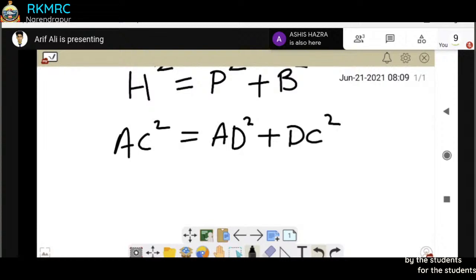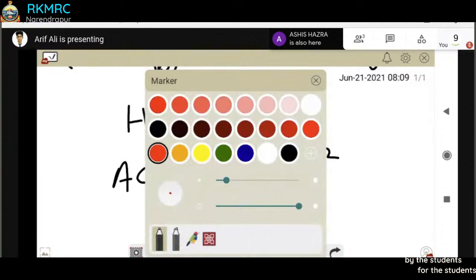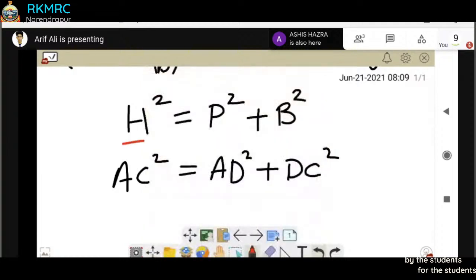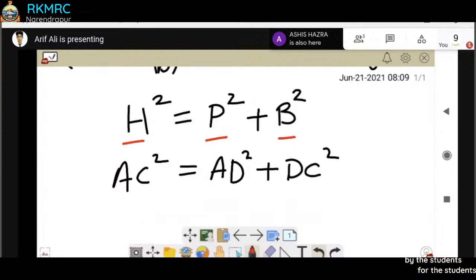So this is your relation. Suppose you are given hypotenuse and perpendicular, you can calculate base. If any two are given, you can calculate the third one.